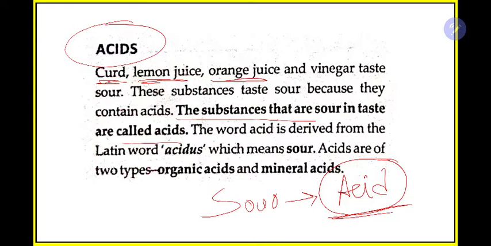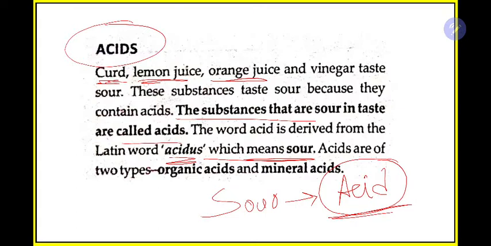So the name acid, from where did it come? It came from the Latin language. The actual word from which it was derived was acidus. The meaning of acidus is sour, and we have changed the name acidus to acid. In English, now we use acid. Acidus is in Latin language.